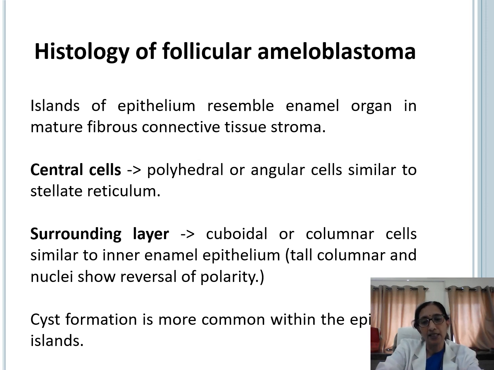When the cells are tall columnar, they show reversal of polarity. And these islands show centrally placed polygonal, polyhedral or angular cells which are similar to stellate reticulum like tissue. Cyst formation is more commonly seen within the epithelial islands.